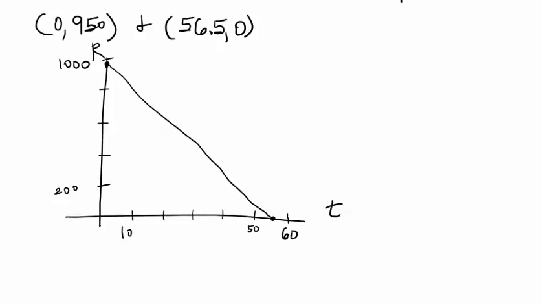And in the last part of the question, we're asked to explain the significance of these intercepts. I think it helps if you write them out as ordered pairs and label them. The first one is in the year 0, so when t equals 0, but that's really the year 2004. The reserves were 950 million tons.